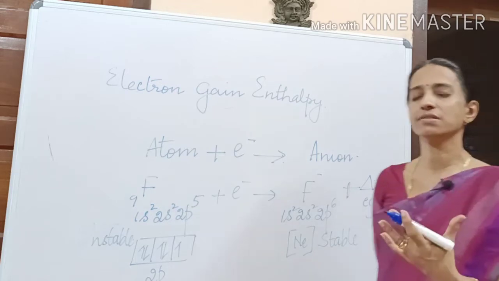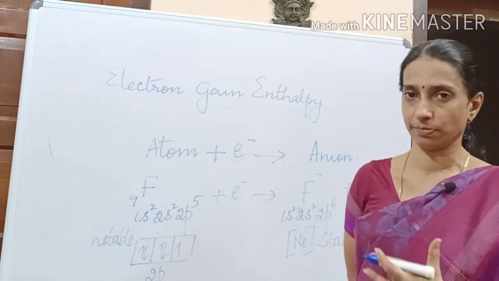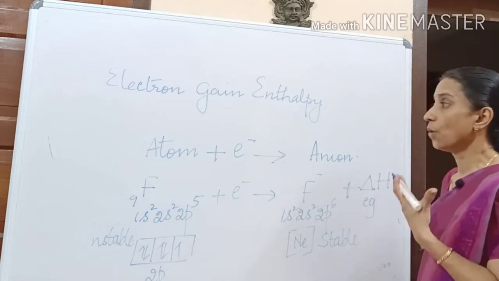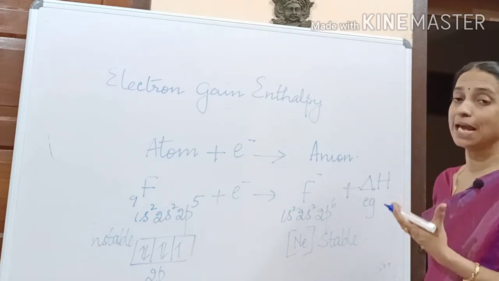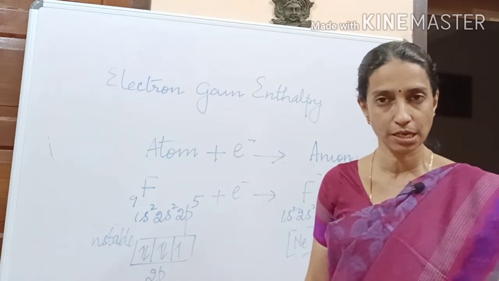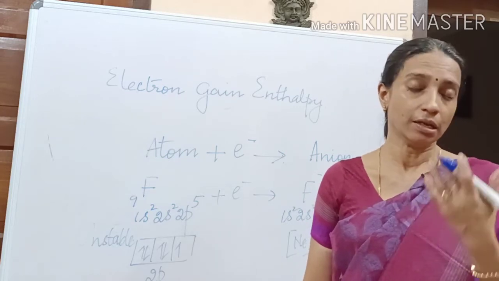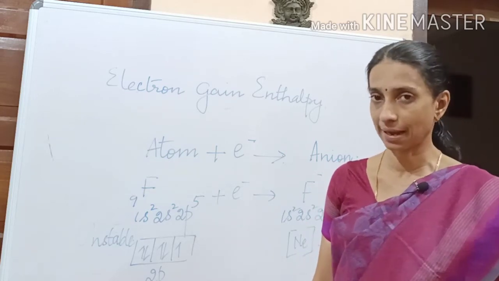So when energy is released, the delta H value will be negative. So what do you understand by electron gain enthalpy? It is the energy that is associated when an electron adds up on a gaseous neutral atom.